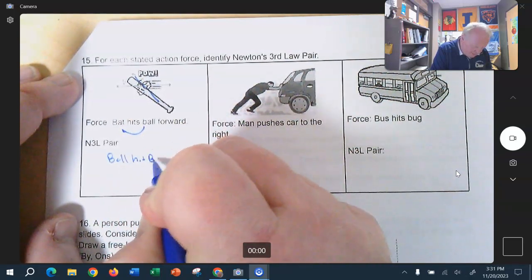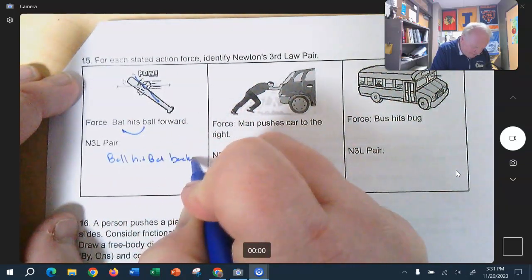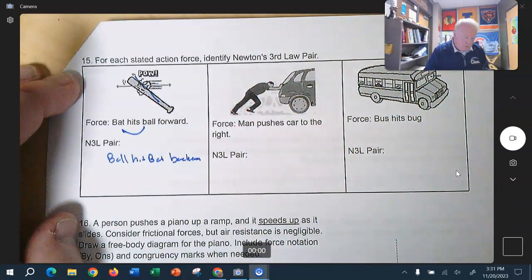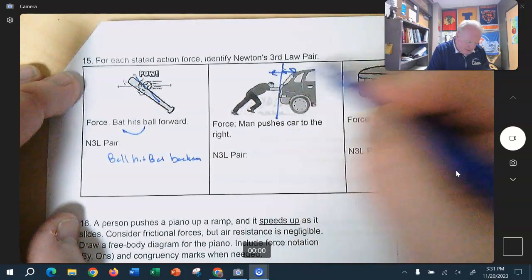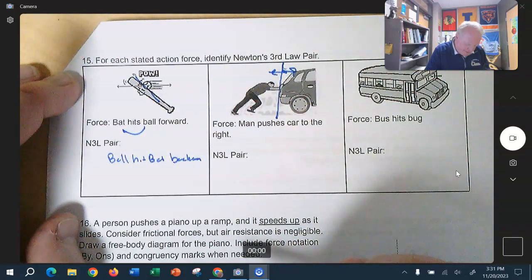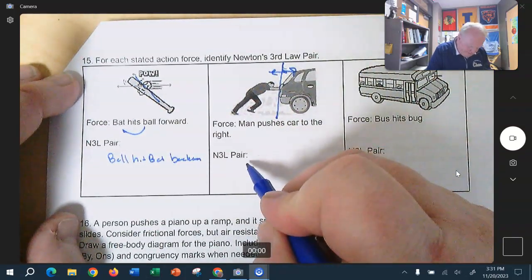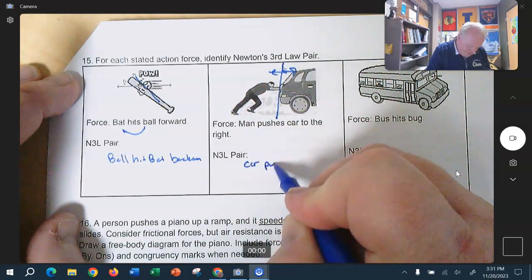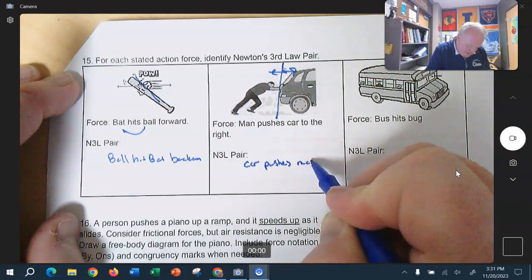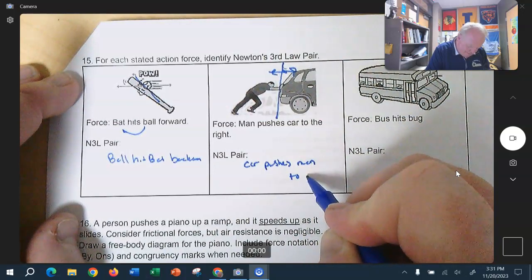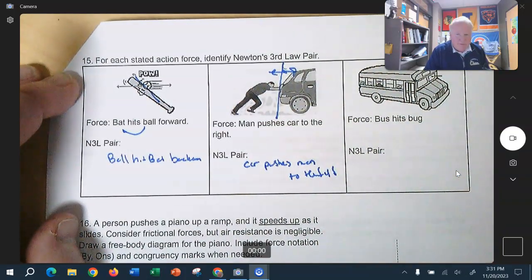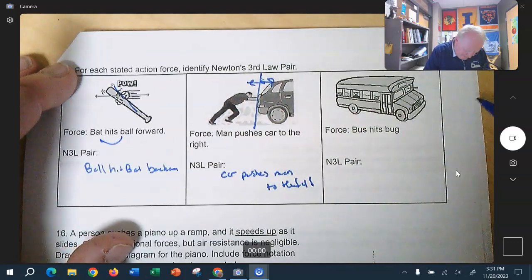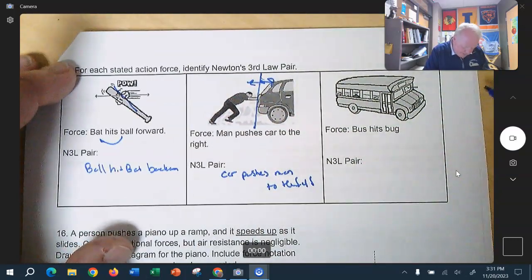Ball hits bat backwards. Okay, you're just doing the same thing. So if the man pushes the car to the right, the car pushes the man to the left. Okay, equal and opposite.